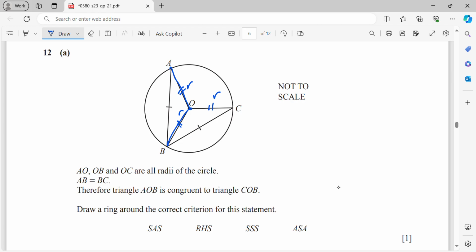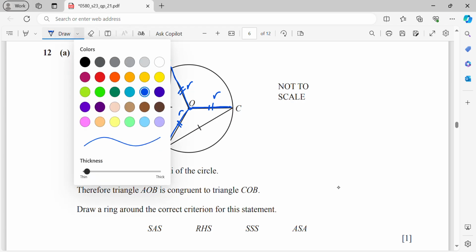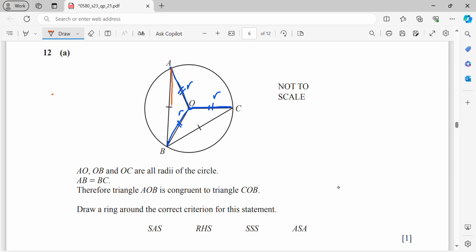Okay, these two sides are same as the other two sides of the triangle, and mention that the AB is same as BC as well. That means all same sides, right? Therefore, draw a ring around the correct criterion for this statement, that is triple S. All same sides.